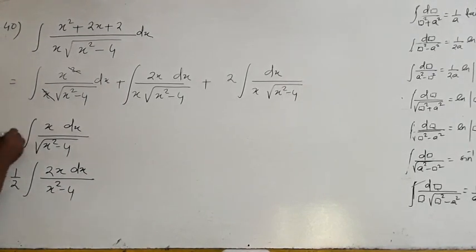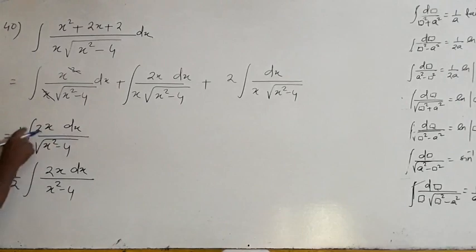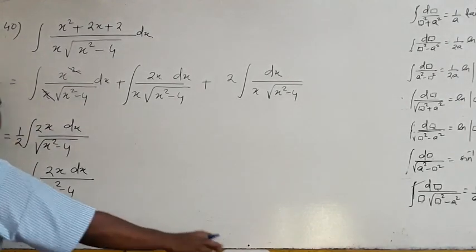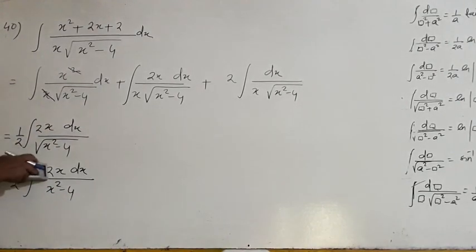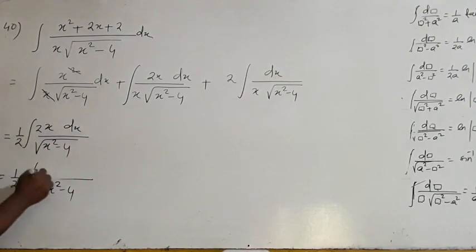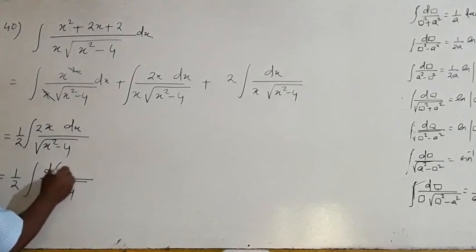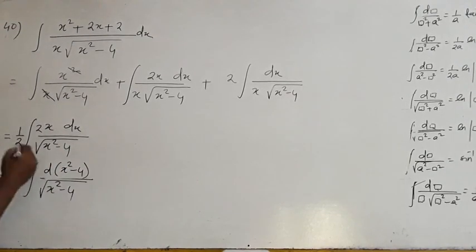Just I am doing this in this step. It is x by x square minus 4. I am multiplying and dividing. And in place of 2x dx, what am I writing here? You should tell me what I will write here. It is just the derivative of x square minus 4.